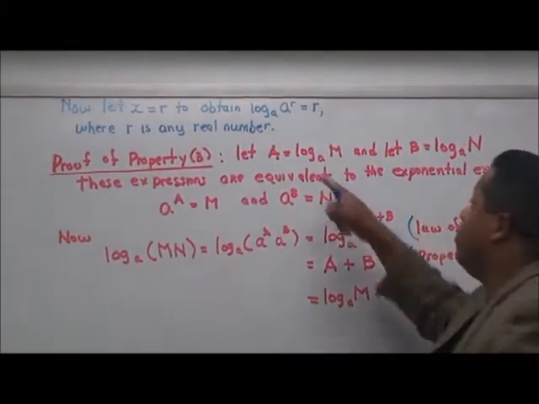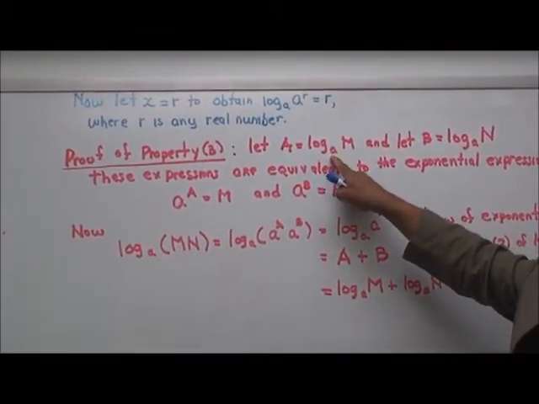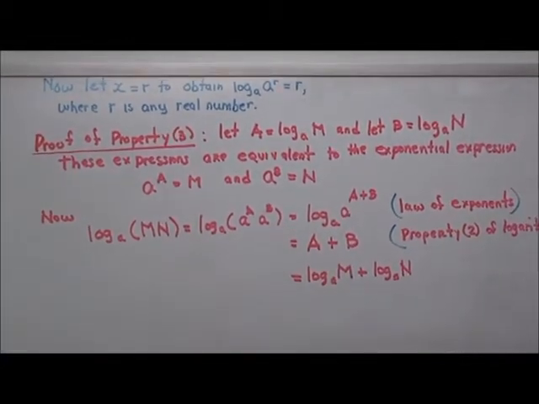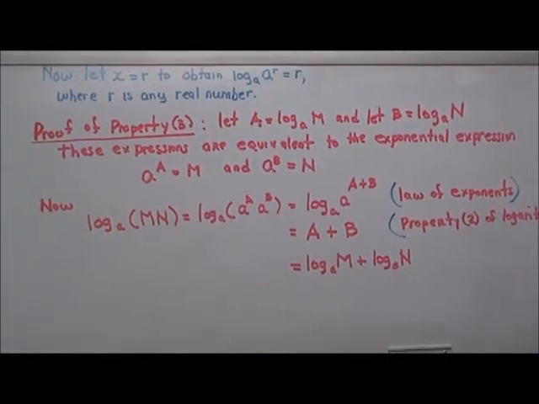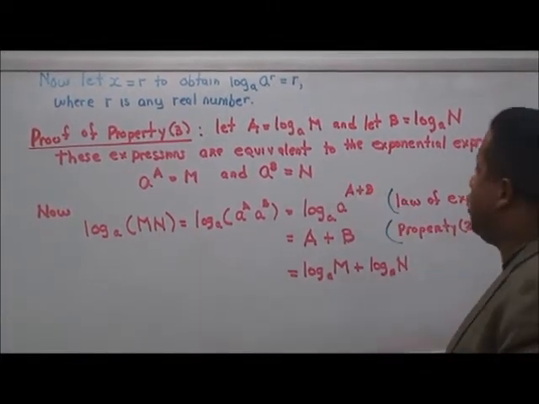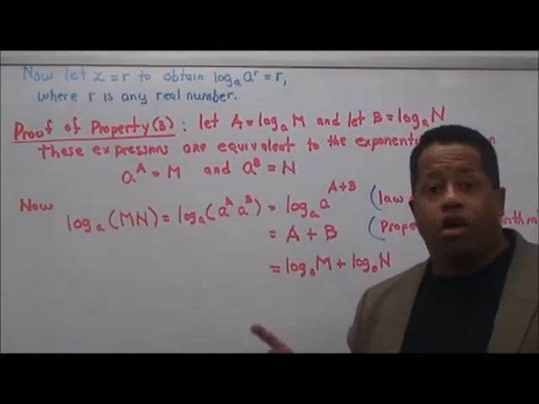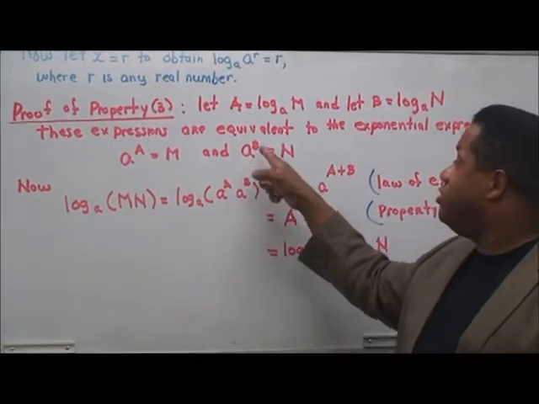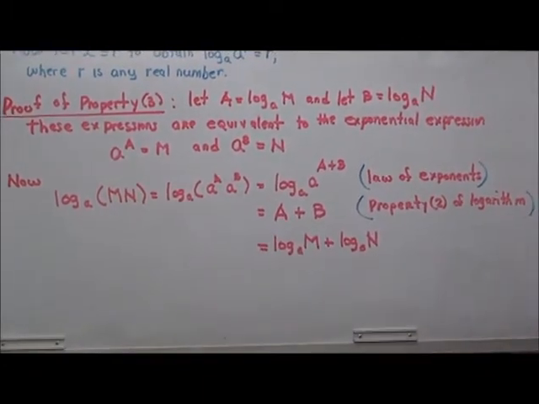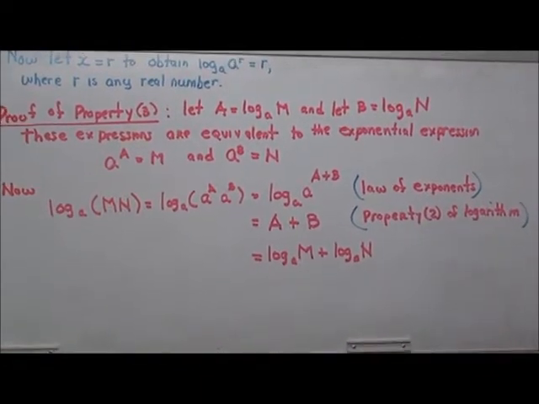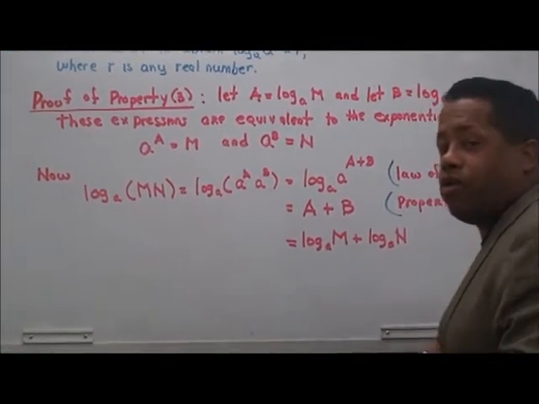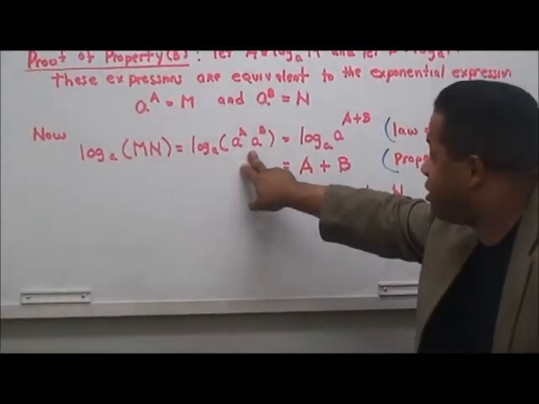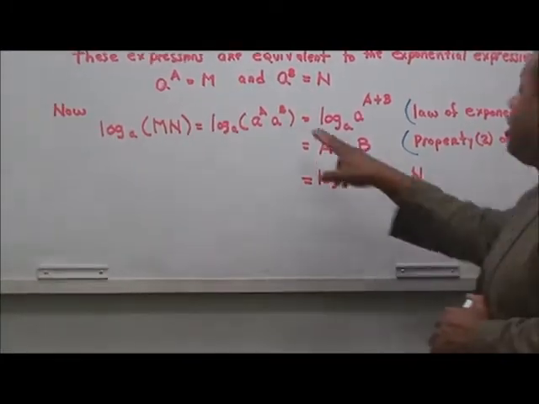Let a equal the logarithm base a of m, and let b equal the logarithm base a of n. These expressions are equivalent to the exponential expressions a to the a is equal to m, and a to the b is equal to n. So here, as we talked about earlier, when we have two powers being multiplied together, with the bases being the same, what do you do?